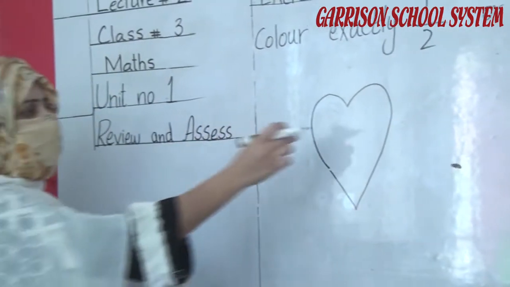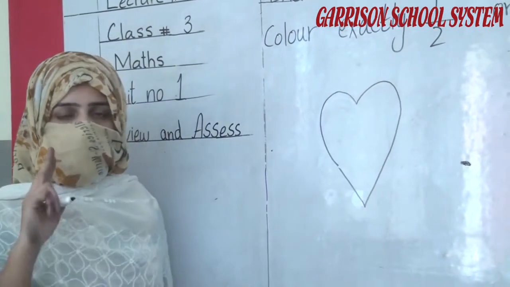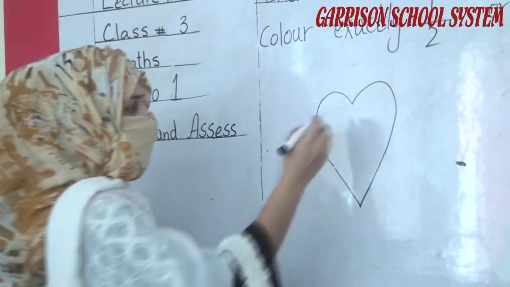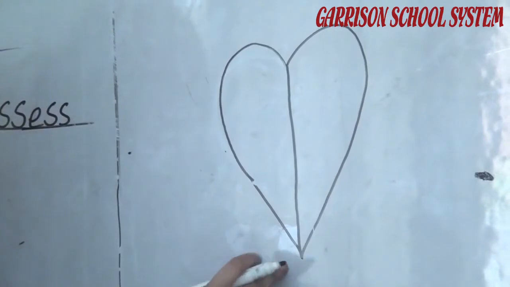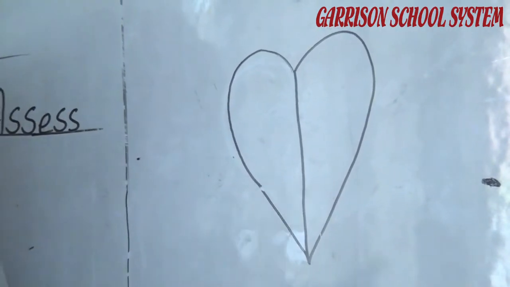When we divide this shape into equal two parts, this is called 1/2. We have to divide into equal two parts.